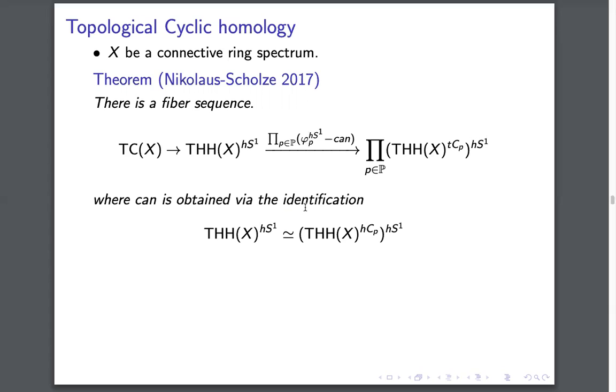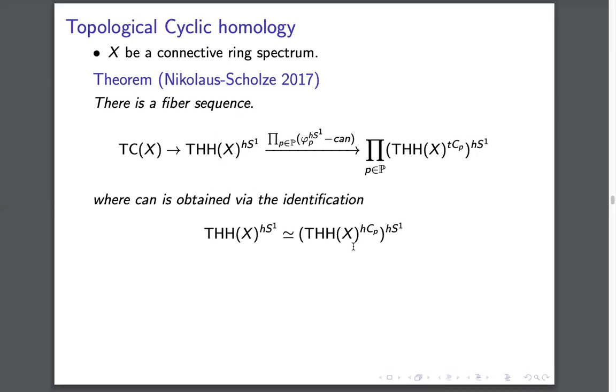And then the canonical map is defined in this way. You can consider taking homotopy fixed points as first taking homotopy fixed points with respect to CP, and then taking the homotopy fixed points with respect to S1. It's because S1 over CP is also S1. That's what it is.